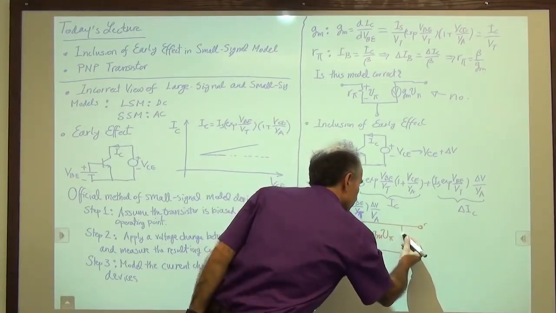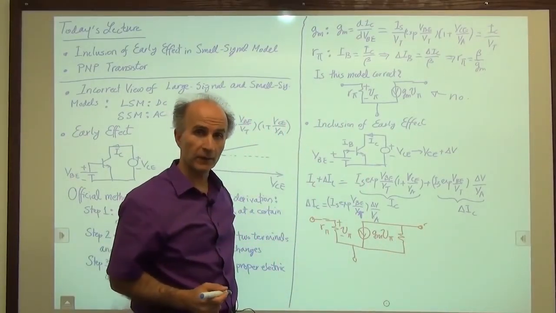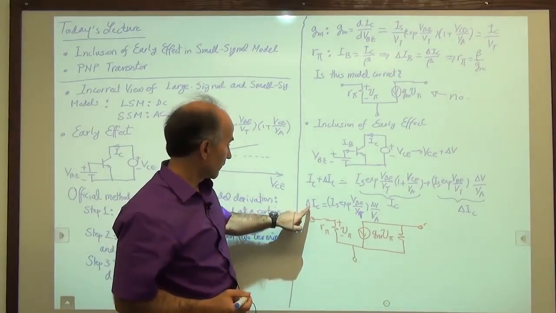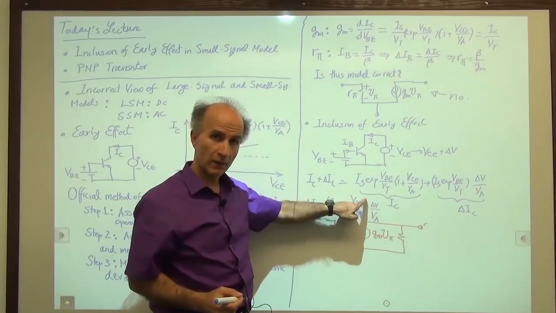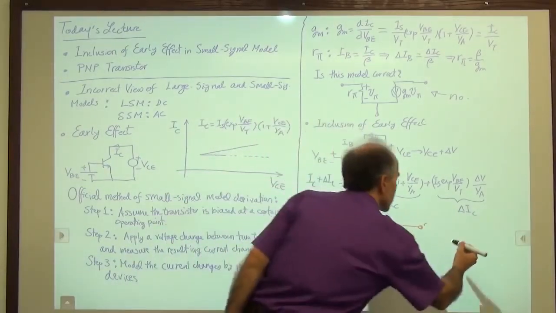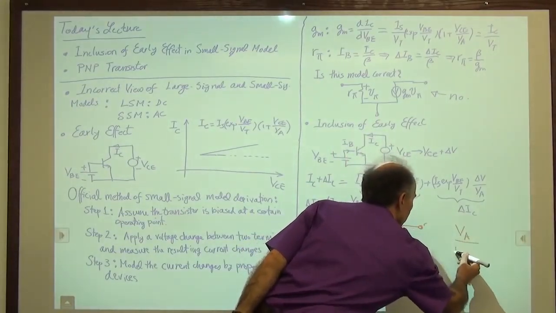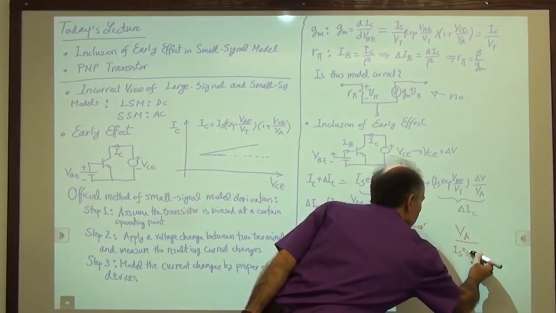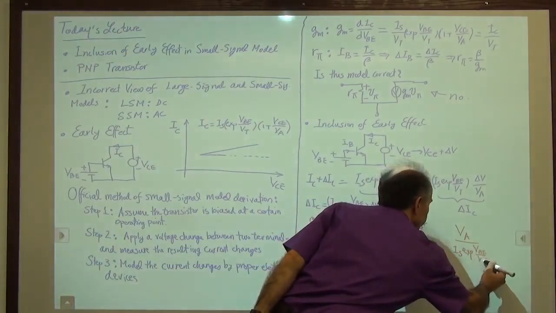So we can place a resistor here. How much is the value of that resistor? Well, if this is the change in the current for this much change in the voltage, then the resistance would be inverse of this. So the resistance would be given by VA over IS exp of VBE over VT.